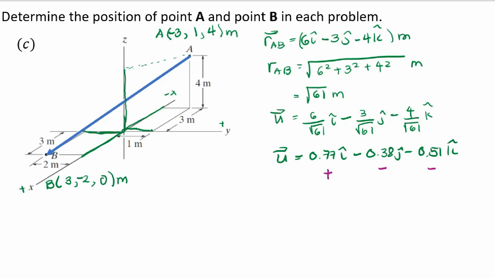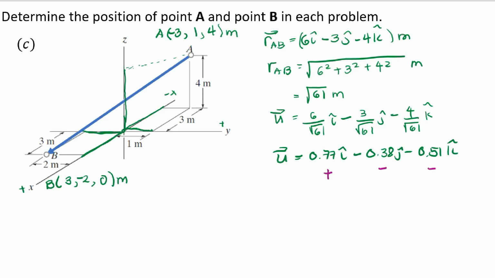Since our vector didn't start from the origin, you might be confused, but don't worry, your answer is correct. It just happened that our example here didn't start at the origin.